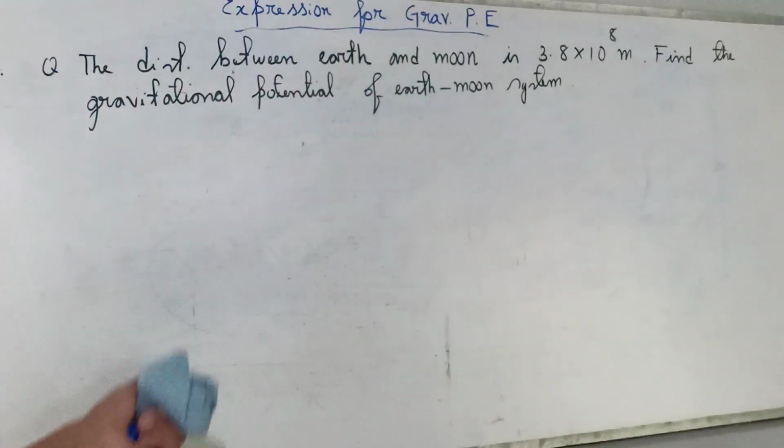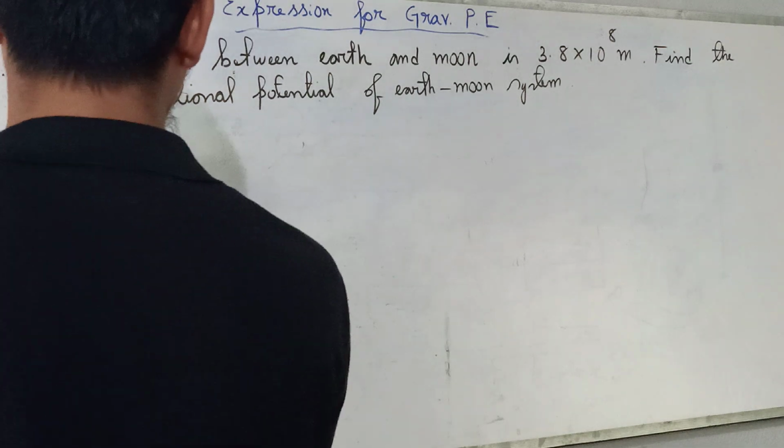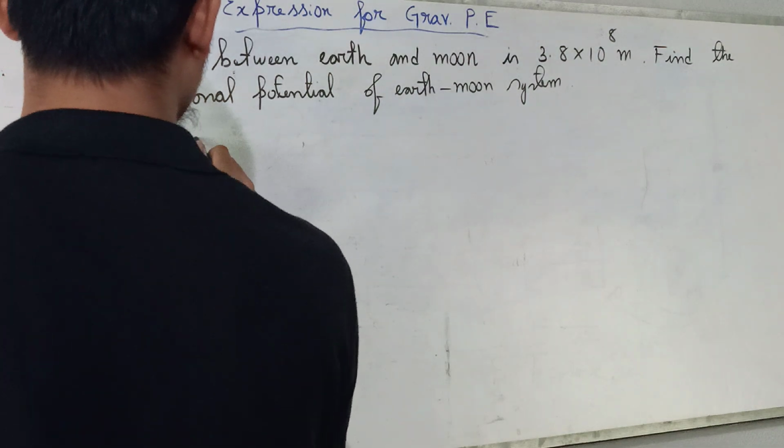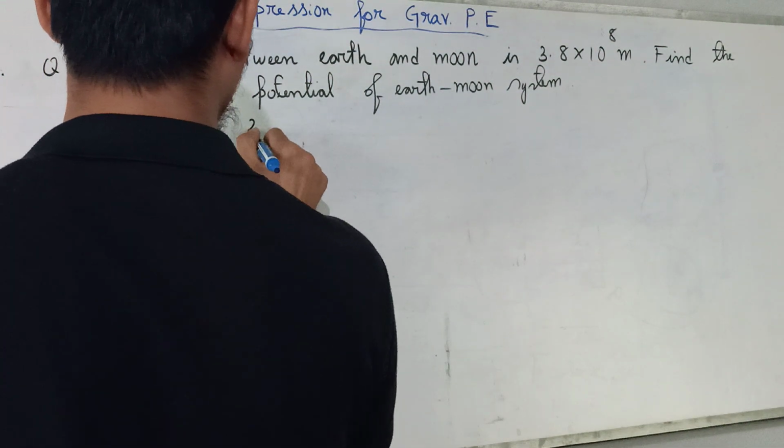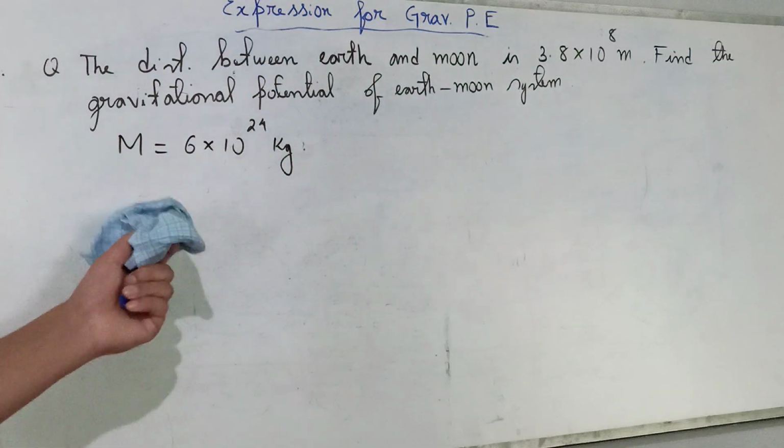Let us do this, to find out the gravitational potential energy of the Earth-Moon system. Now we have to know the mass of the Earth. The mass of the Earth is 6 into 10 to the power 24 kilograms. This is what we have to know.